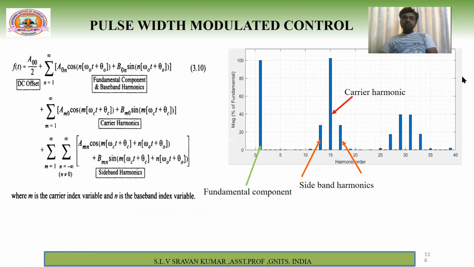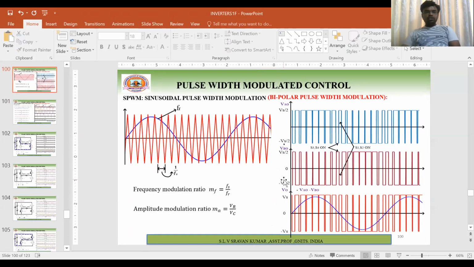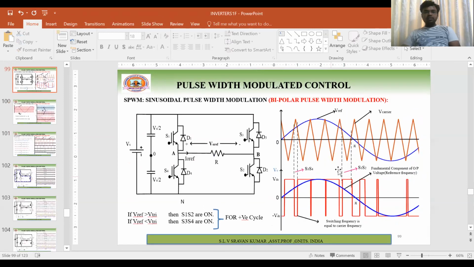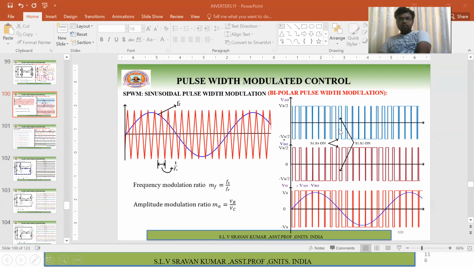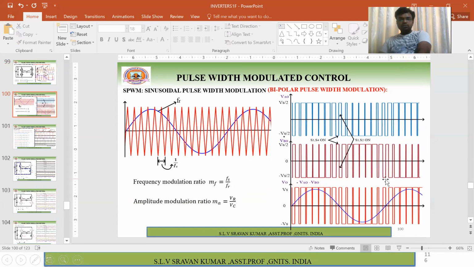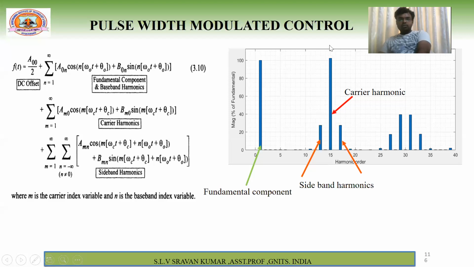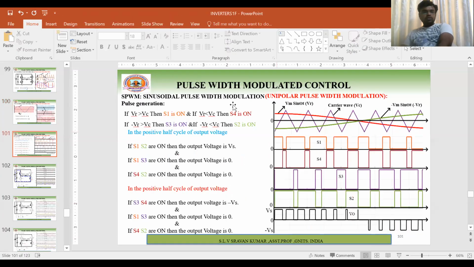Okay, so this is about your sine PWM, right? For the examination point of view, you just write down this bipolar scheme, this one as well as this, and the unipolar scheme, this one.